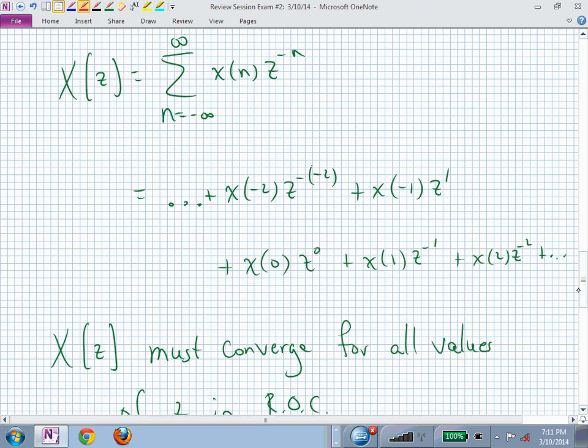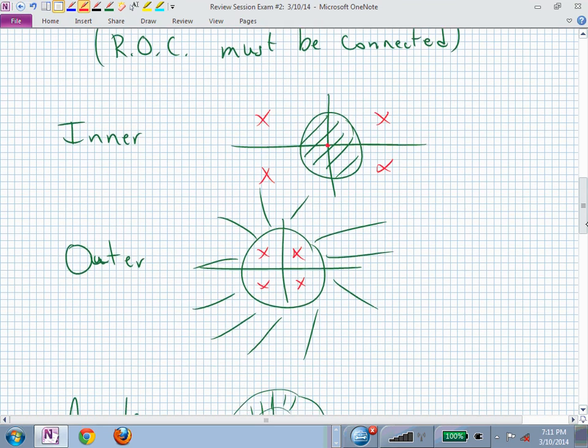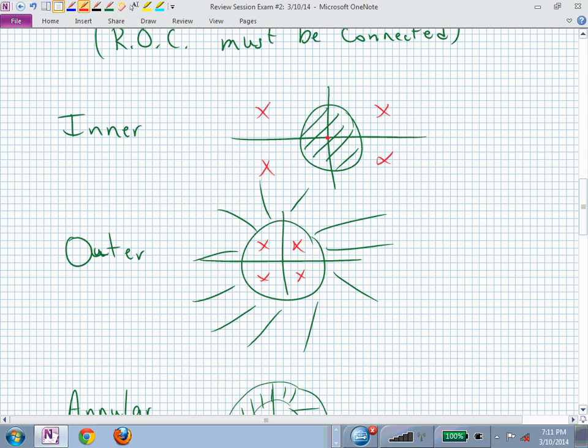Now, if we go back to this expression, what's a convenient value for a z-value inside the region of convergence that the transform has to converge for? Now think way over here, right? A big value of z, an infinite value of z.